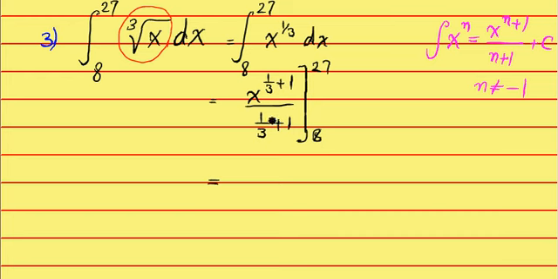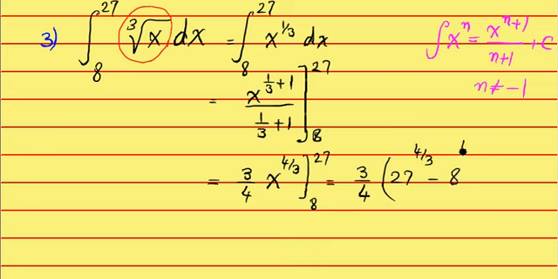So first let's clean this up. This is 4/3. When you flip it over, it becomes 3/4 of x to the power of 4/3. Now I have to put 8 and 27 in that, so that is 3/4 of 27 to the power of 4/3, minus 8 to the power of 4/3, factoring out the 3/4. When you are doing a definite integral, we don't need this constant c because it just cancels out.